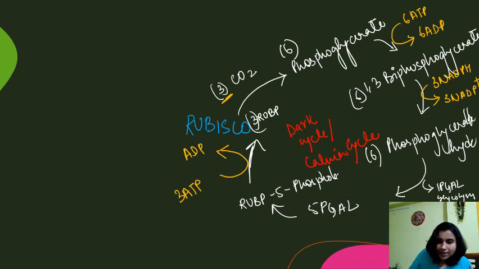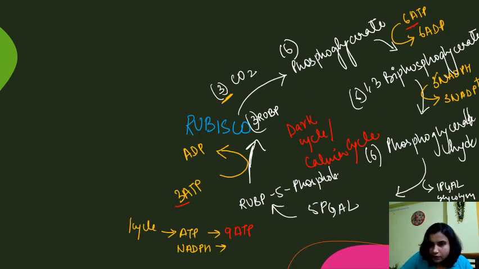So for one cycle, the ATP is 3 plus 6, 9 ATP, and NADPH will be 6, since it is 6 here and 6 here.